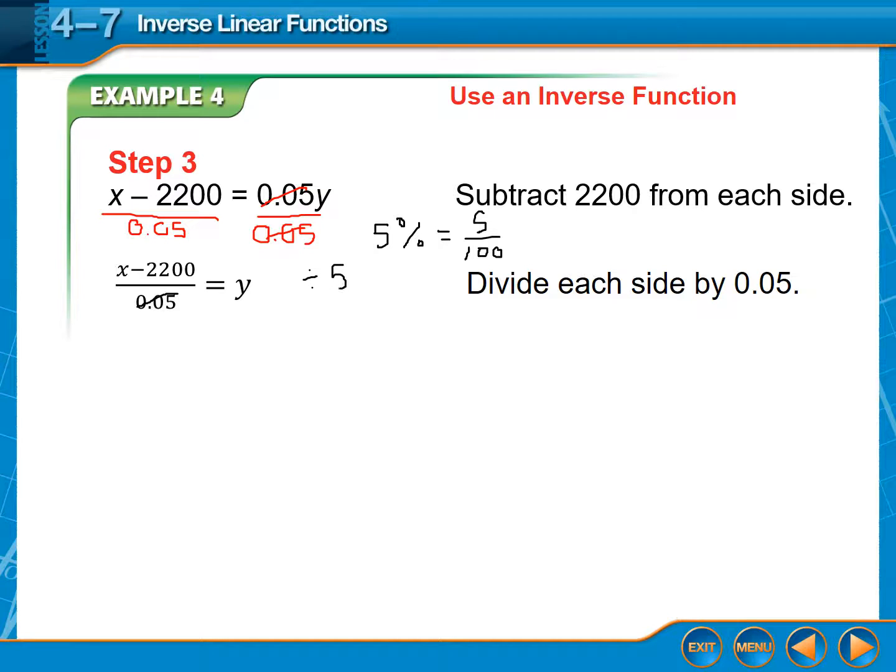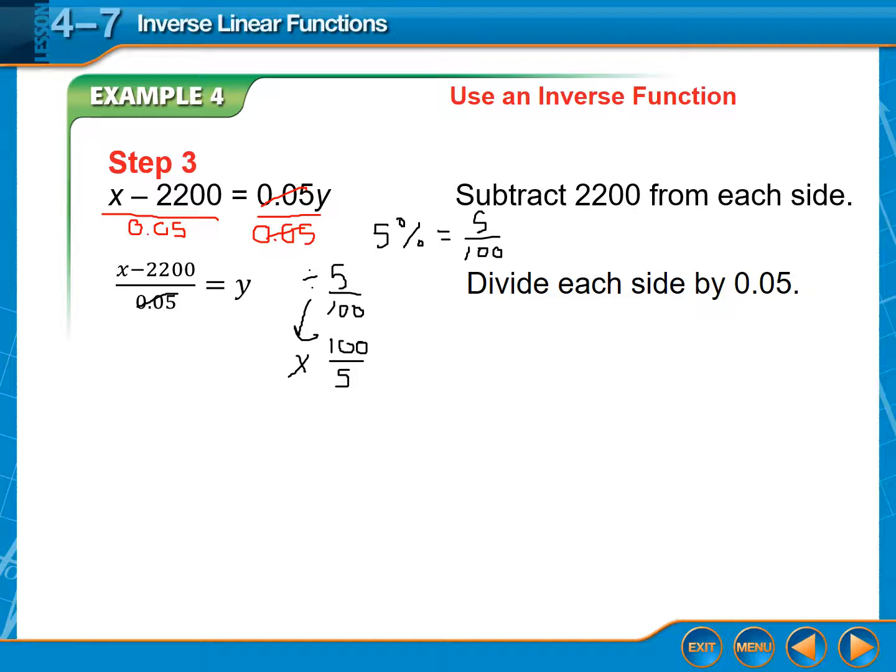So if I divide by 5 over 100, that's actually the same as multiplying by the reciprocal, right? Times 100 over 5. Okay? So dividing by 5 hundredths is the same thing as multiplying by 100 over 5. Well, what is 100 divided by 5? 100 divided by 5 is 20.